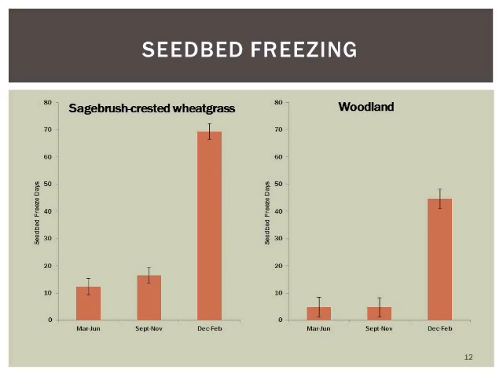In the spring and September, for sagebrush and crested wheatgrass communities, they're getting about 12 to 15 freeze days. In the woodland, it drops to about 5 days each.